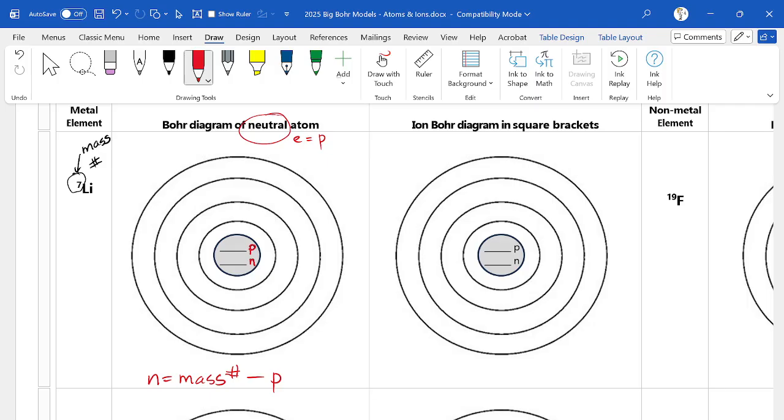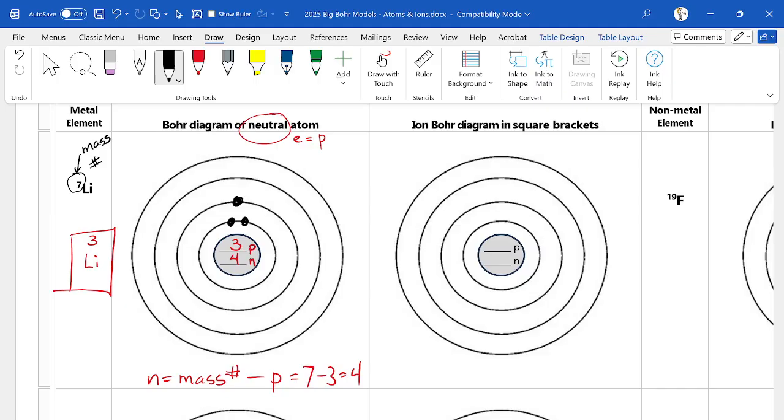We would have 3 protons because it's atomic number 3, and then the mass number 7 minus 3 gives us 4 neutrons. How many electrons do we have? Electrons is the same as protons. How many electrons fill up the first shell? 2. So you go 1, 2 right beside each other, and then 3.